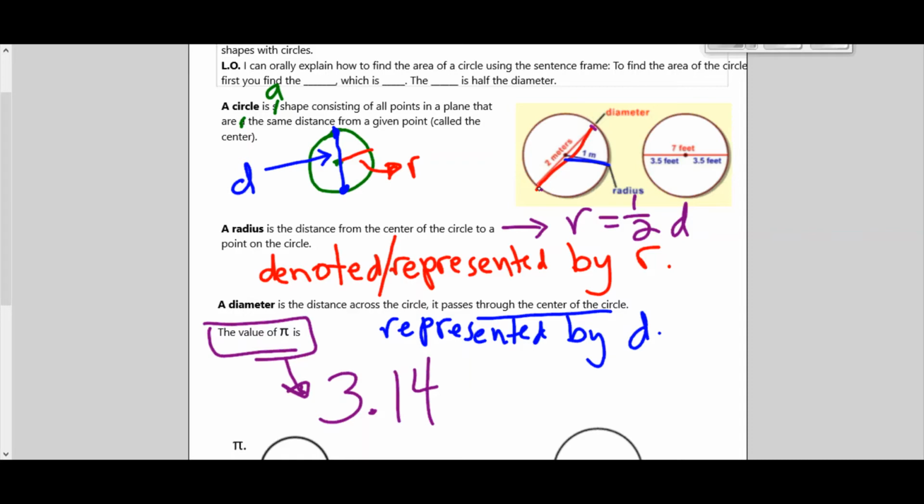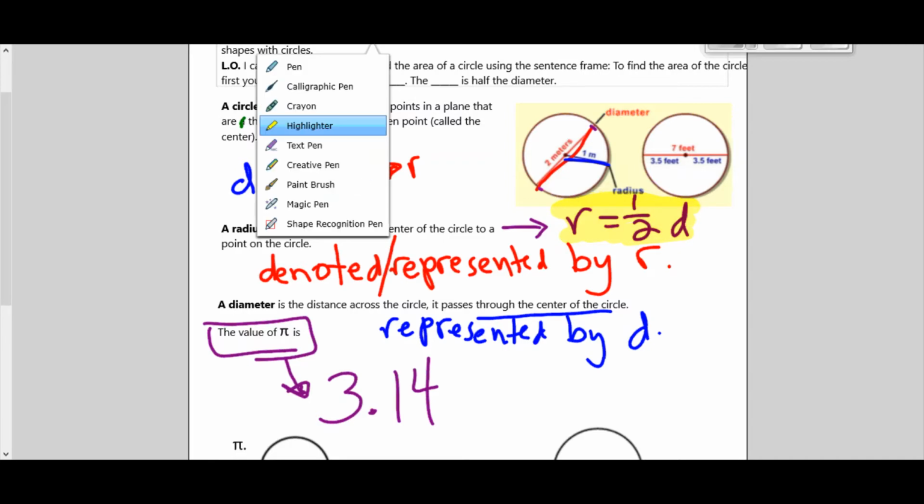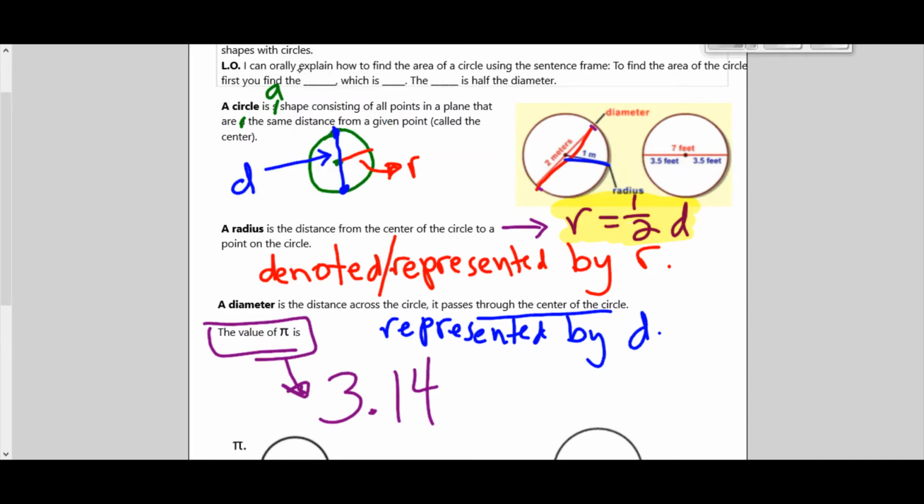So let me go ahead and highlight. That was an important formula. So let's highlight: the radius is 1/2 the diameter. Then the diameter: if we know the radius, we can find the diameter. Sometimes we're going to know the diameter and we want to find the radius.